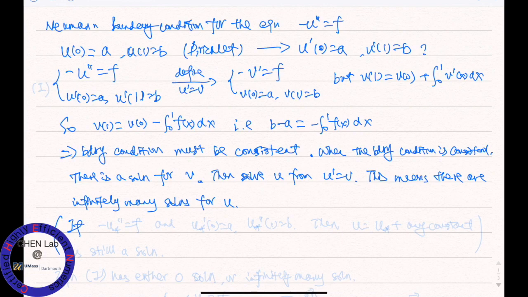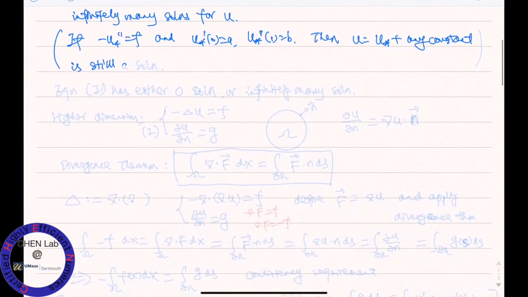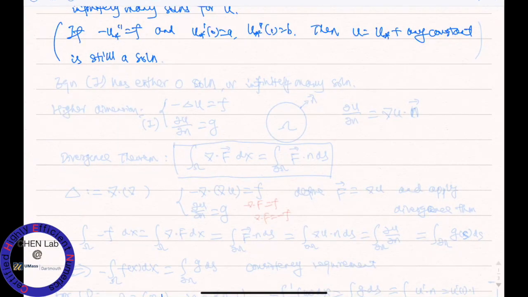So if negative u star double prime is equal to f, and u star prime of 0 is a, u star prime of 1 is b, then u equal to u star plus any constant is still a solution, because once we differentiate, the constant goes away, right?